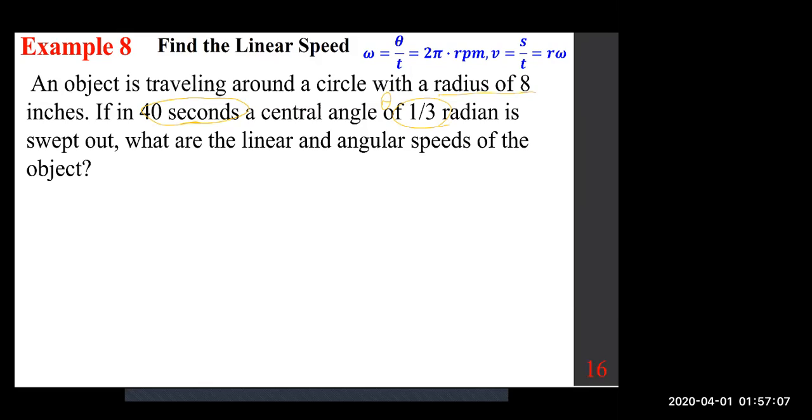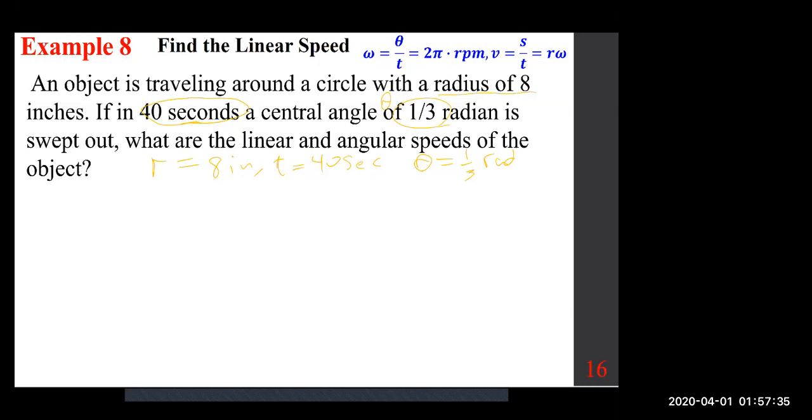So R is 8. T is 40. Theta is 1/3 radians. So we want to look at the linear and angular speed.